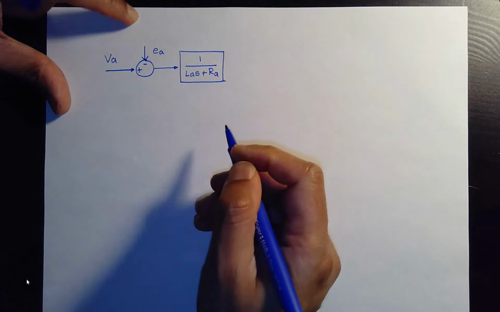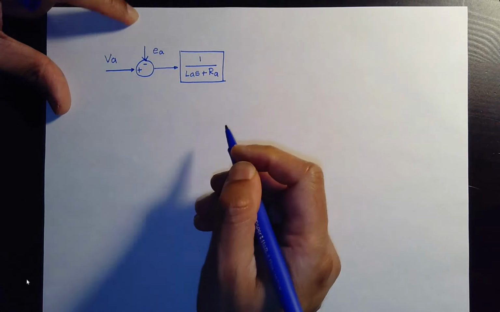So now we're going to implement this. TE minus TL is what goes into the next mechanical transfer function, and this is 1 over JS plus B.